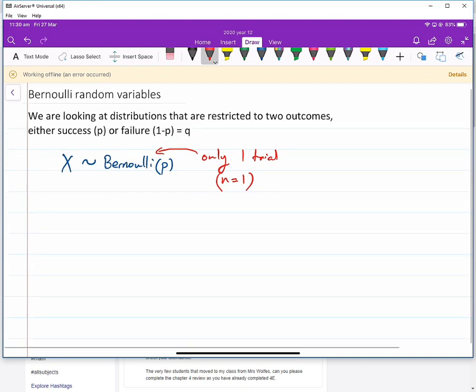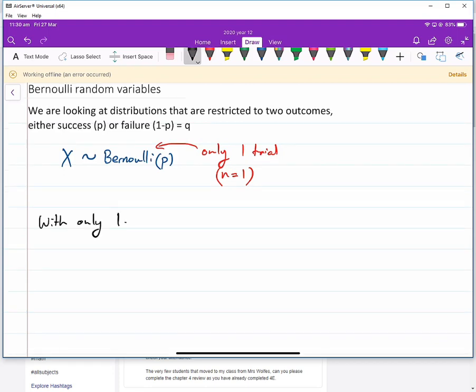Okay, and we therefore could say with only one trial, it's a Bernoulli distribution.